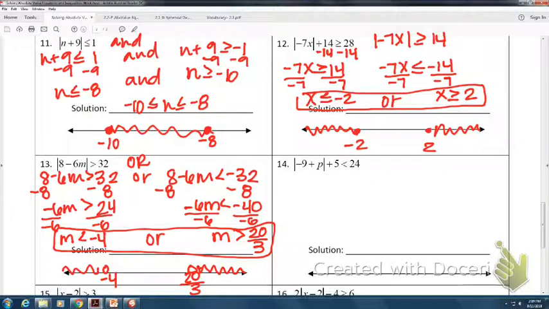Okay, 14. Is it or or and? And what's the first thing I have to do? Subtract 5. Then what do I do after I subtracted 5 from both sides?